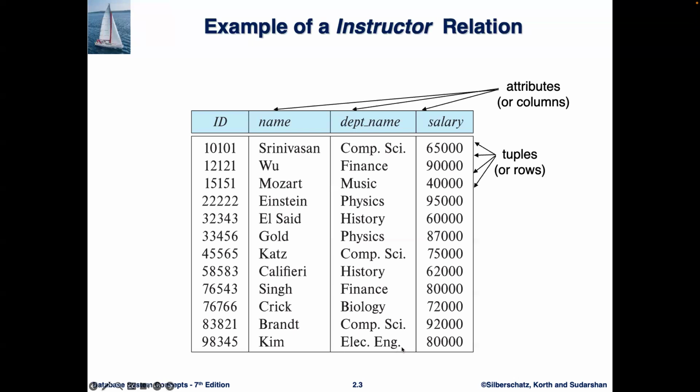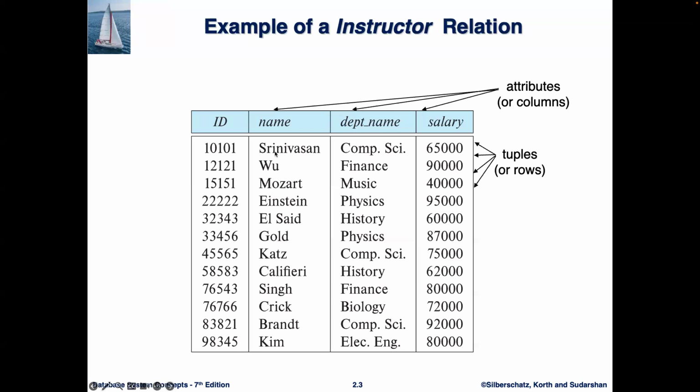In the future, we can have more instructors in this table. For example, 98346, my name is Ward, and then department is computer science, and I have a salary that I have inputted here. That is the instance of that future. When the table was created and only 3 instructors were added, within that instance, there were only 3 tuples.